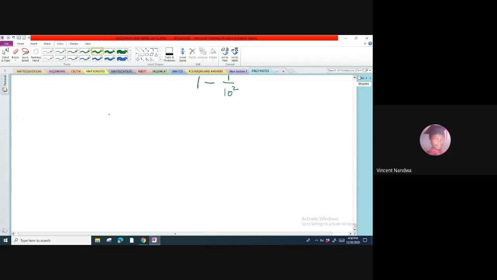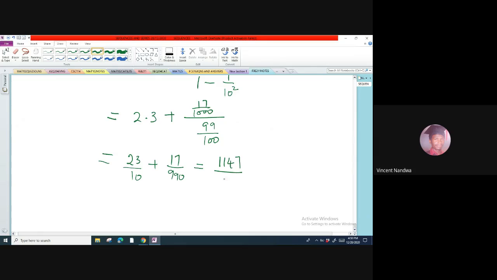So we'll have 2.3 plus 17 over 1000 divided by 99 over 100, which is 23 over 10 plus 17 over 990, which is 495. That's what we have.